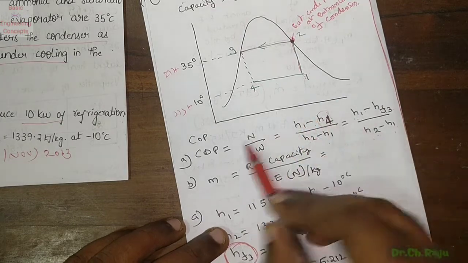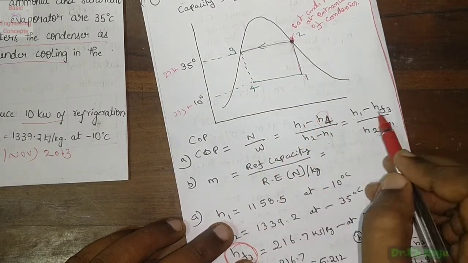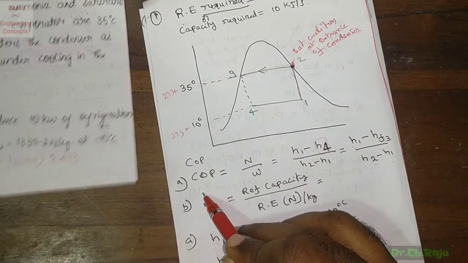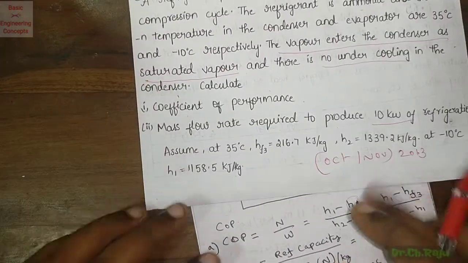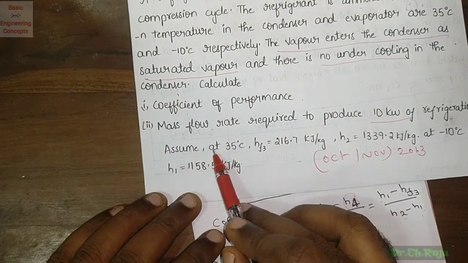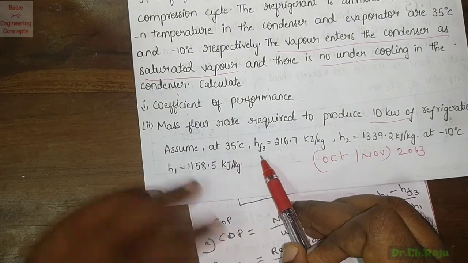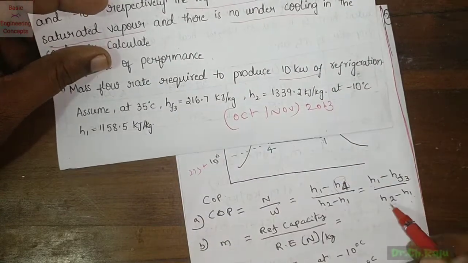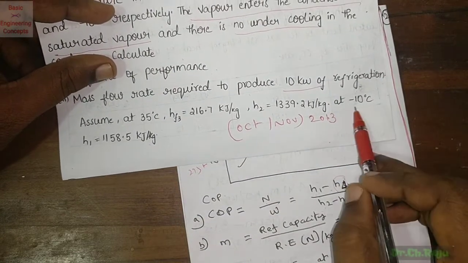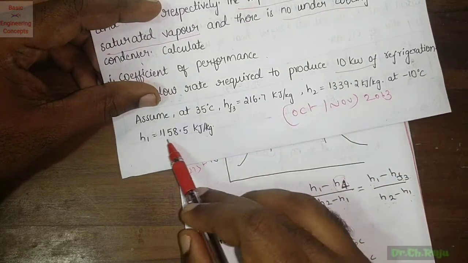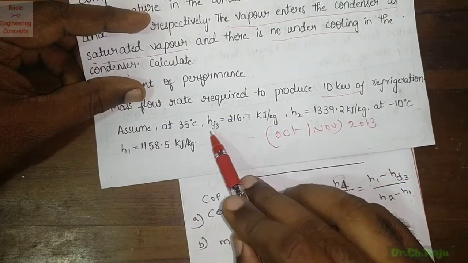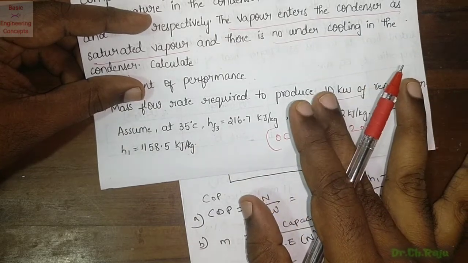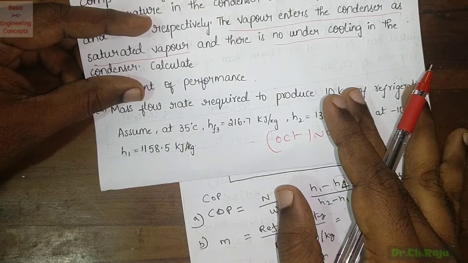Here, the enthalpies should be known for the calculation of COP, and it is clearly given in the problem. So assume at 35 degrees HF3. HF3 is directly given and H2 is directly given, and H1 at minus 10 degrees. So all the values H1, H2, HF3 are given in this problem. That's why there is no need to calculate the enthalpy separately.